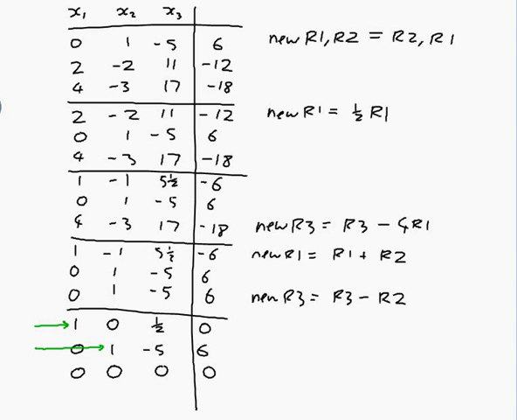And in the last row, well, there are no non-zero entries, so that's okay. And the other thing we have is that there are zeros above and below all of those leading ones. So there are zeros below this leading one. Excellent. There are zeros above and below this leading one, and that's the last leading one.